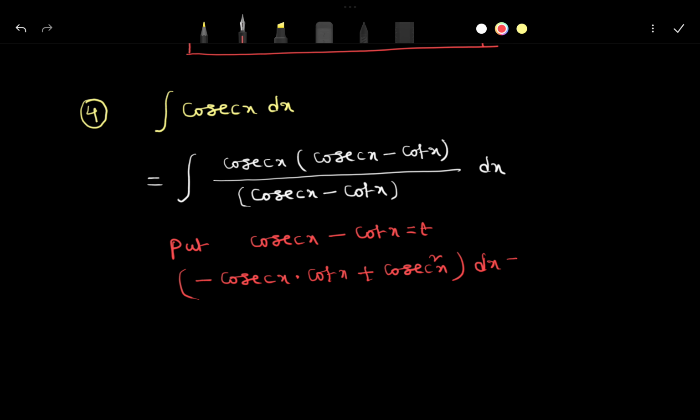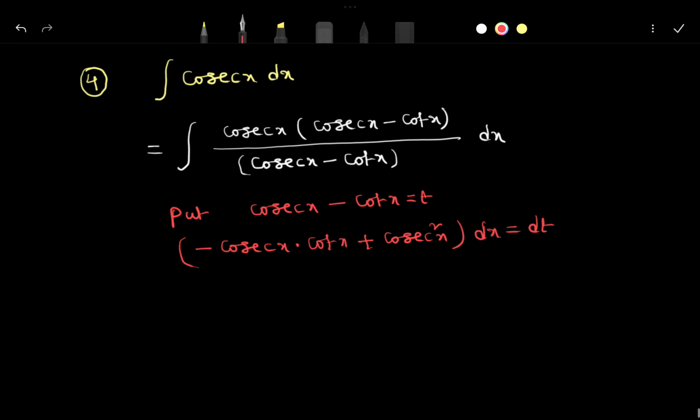is equal to dt. Now here you take cosecant x as common. So if you take cosecant x as common, the remaining value is cosecant x minus cot x, into dx is equal to dt.